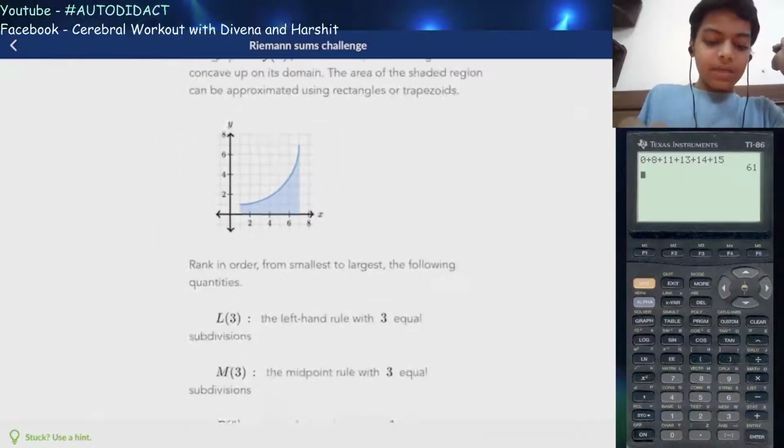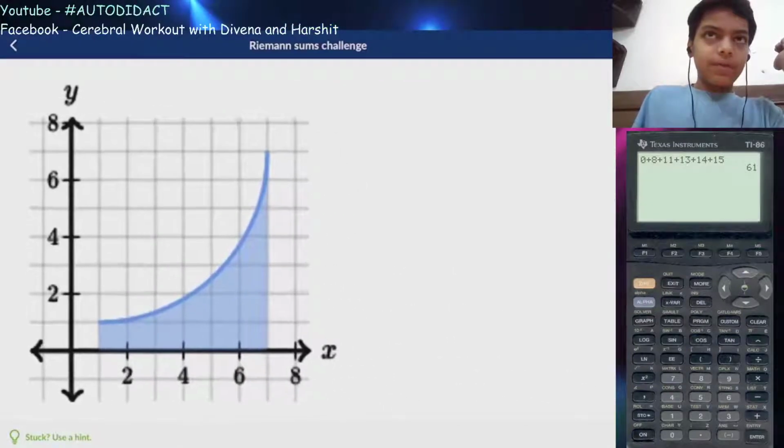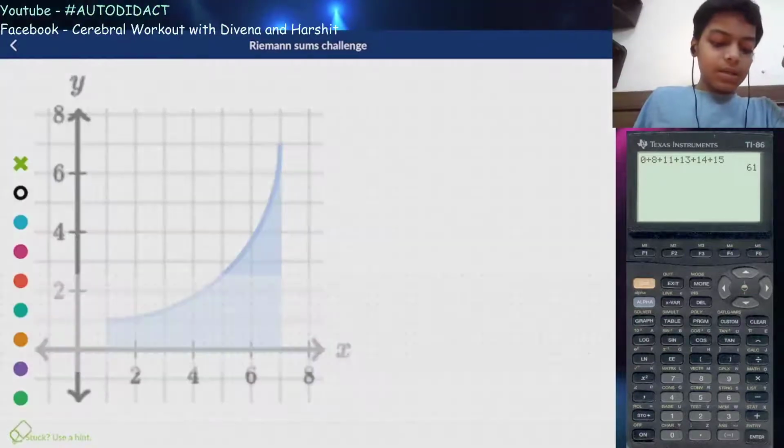Okay, so first let's see what L of 3 is. So this is the graph. We have to see what L of 3 is.